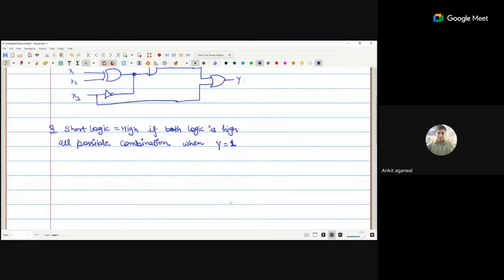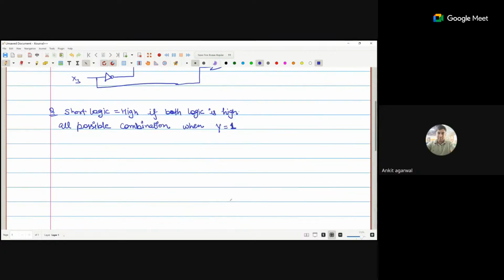In the GATE examination, the question is: mention the number of all possible combinations when the output is 1, when y is 1. This is the question in the GATE.